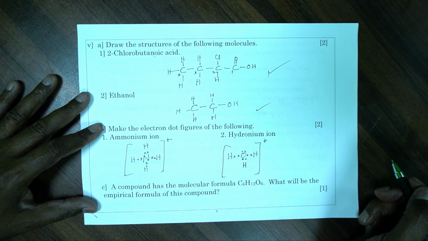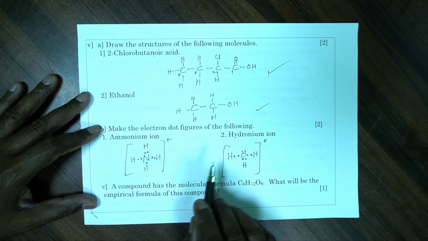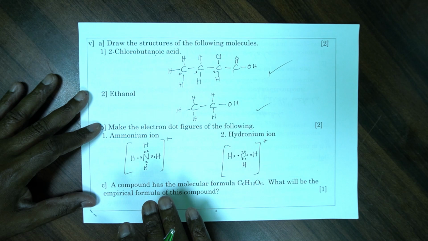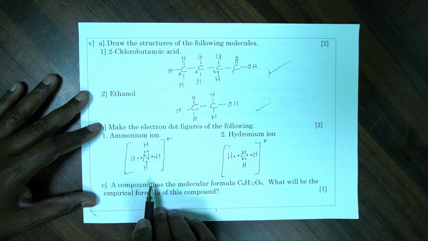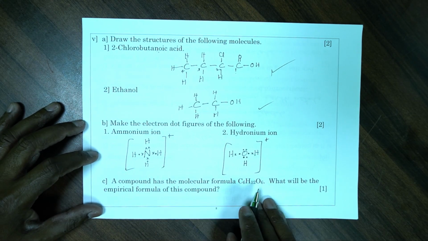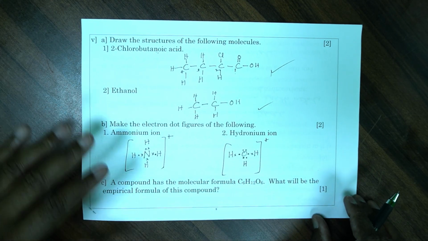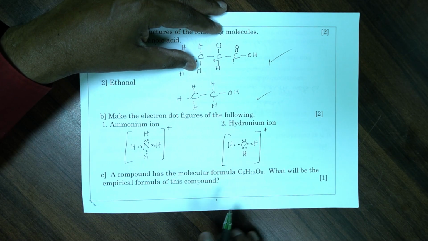This is hydronium ion. Now children, please take care. Ammonium ion and hydronium ion, these are always in the question paper. You take any paper, any one of them at least will be there in every paper. So you must practice these 2 structures. Sometimes the line structure also is asked, sometimes electron dot figure is asked. So you can be sure of scoring marks on this if you practice this.